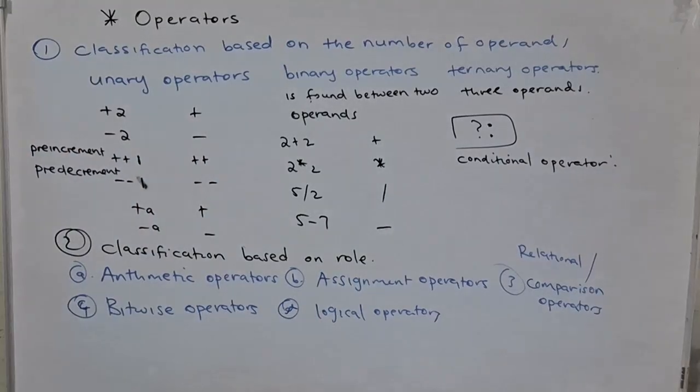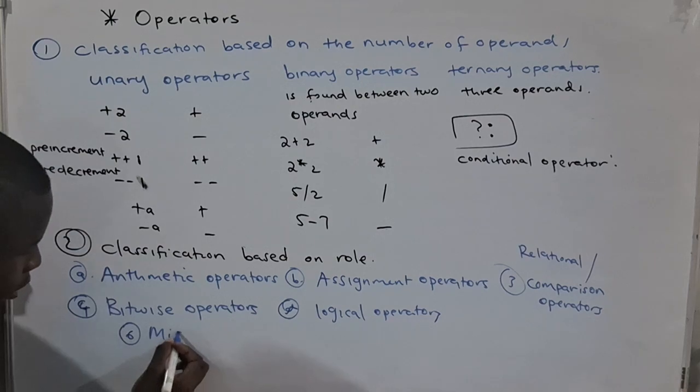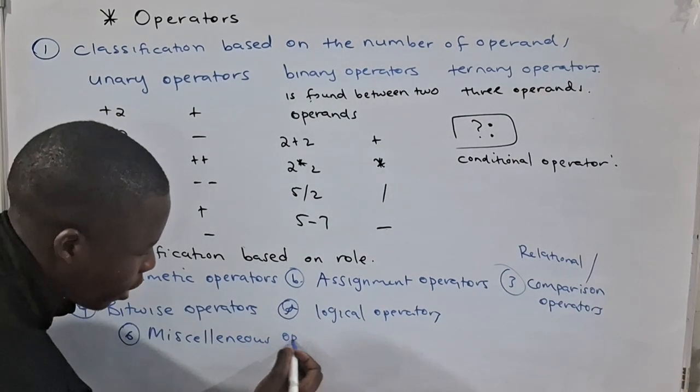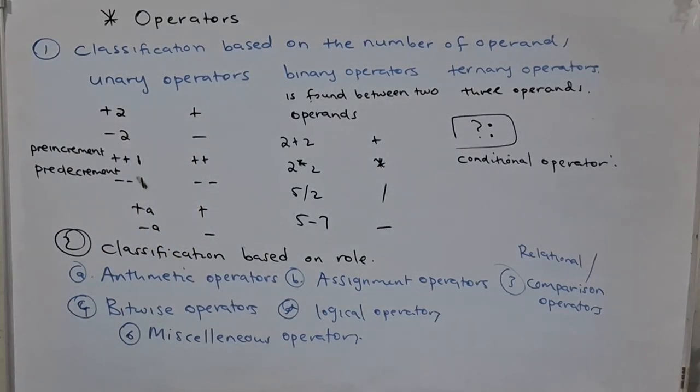Arithmetic operators, relational operators, assignment operators, bitwise, logical, and number 6, miscellaneous operators. So these are the 6 types of operators based on role.